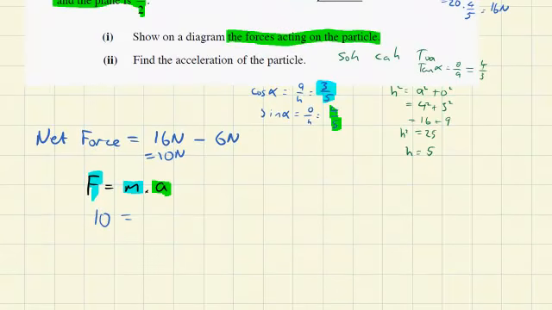Yeah, 2 kilograms times acceleration. So divide both sides by 2 and we'll get acceleration on its own, and the acceleration is equal to 5 meters per second squared. And that's it. There's our answer.